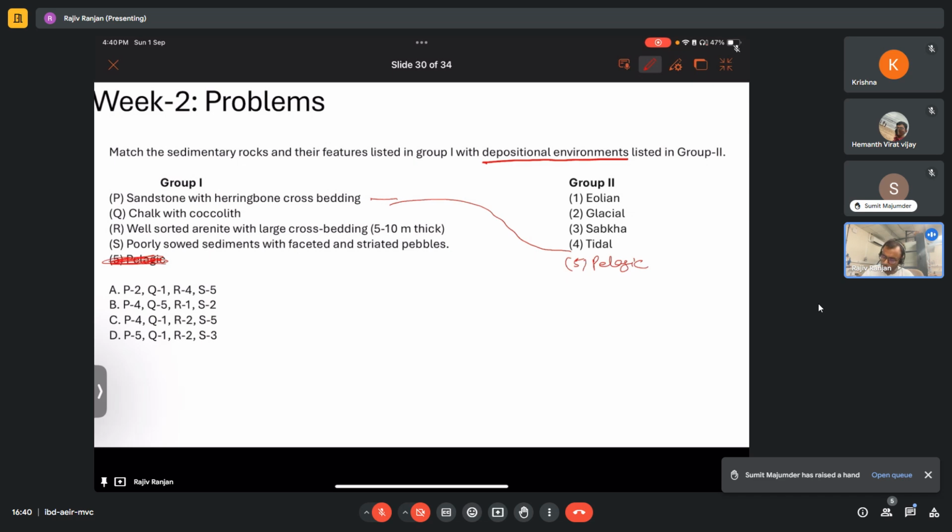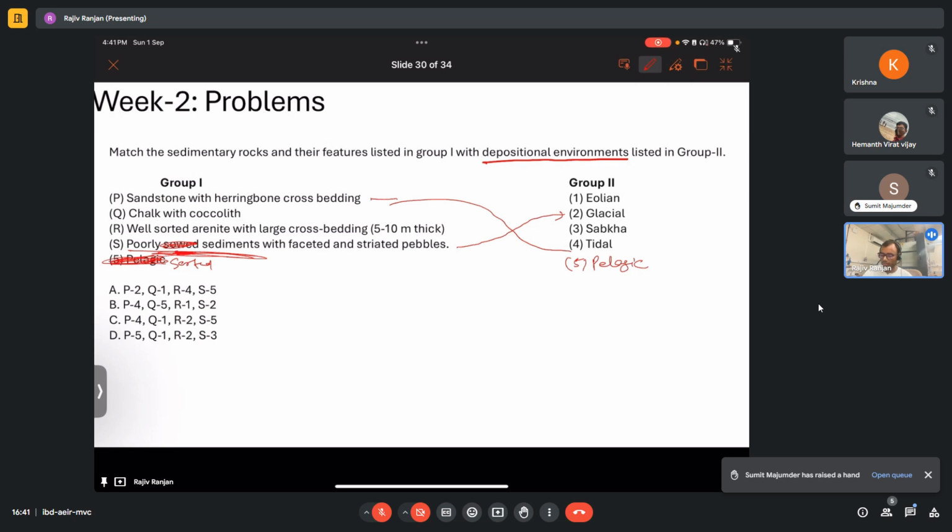So if you see here, poorly sorted sediments, some mistake is there. Poorly sorted sediments with striated pebbles. This is a glacial feature. So we know in glacial we have poorly sorted sediments.